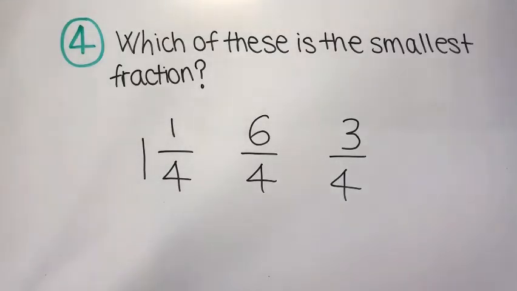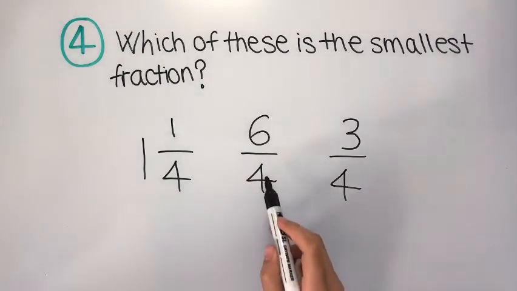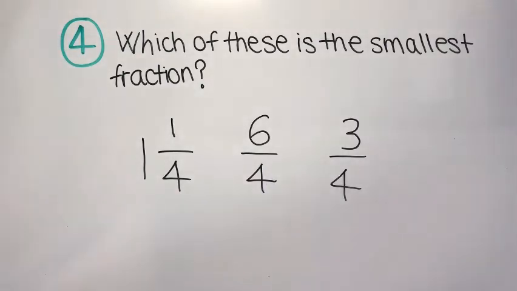Question 4. Which of these is the smallest fraction? We have 1 1/4, 6/4 and 3/4. Now our middle fraction, 6/4, is a top-heavy number, or an improper fraction.